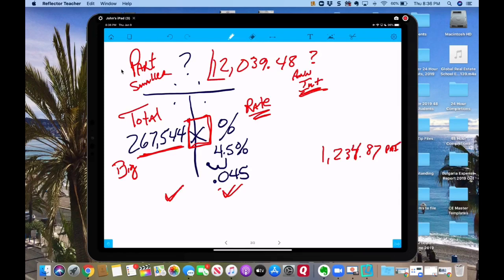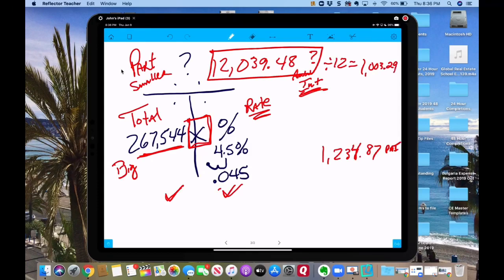This number right here is our annual interest, so we need to divide it by 12. 12,039.48 divided by 12 gives us $1,003.29.